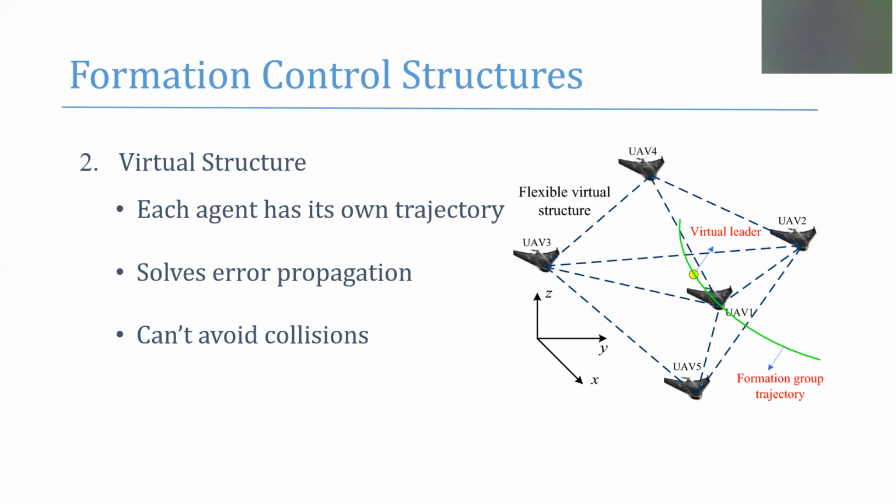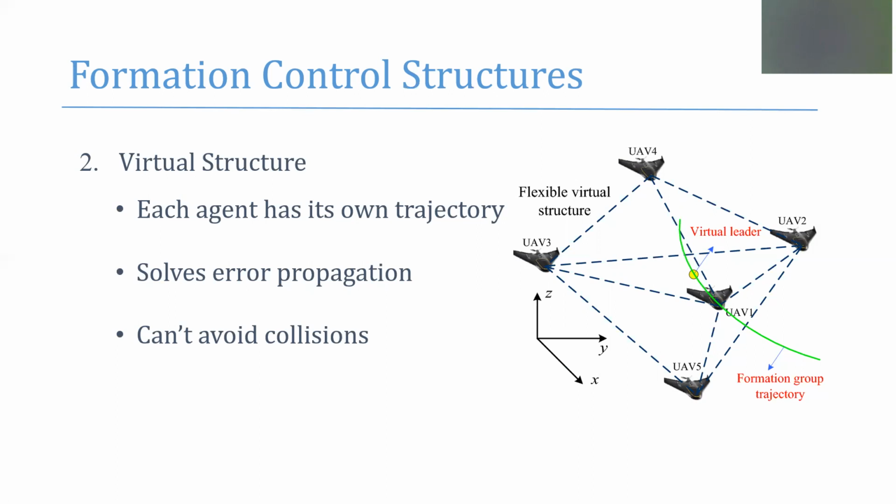Let's consider its advantages and disadvantages. This structure solves the problem of reliability and error propagation presented in the leader-follower structure, since each agent follows its own trajectory independently of any other agent found in the formation. Not like in leader-follower, where we are depending on the leader.